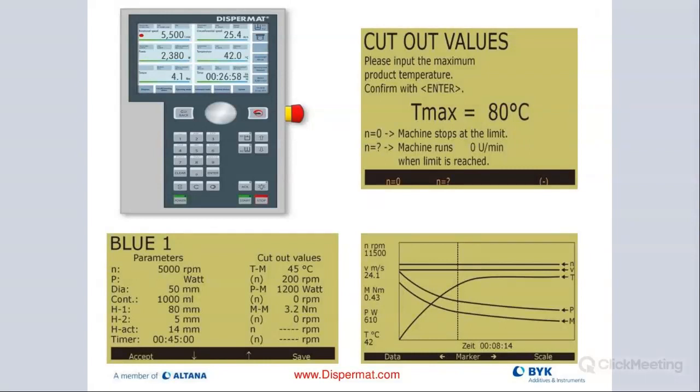This is just an example of the QC software. We can program all the different parameters, like the working area, the height of the impeller in the container, the amount of energy or speed we're putting in, temperature. We can program cutoff values. That's great if I don't want the temperature to exceed a certain point.